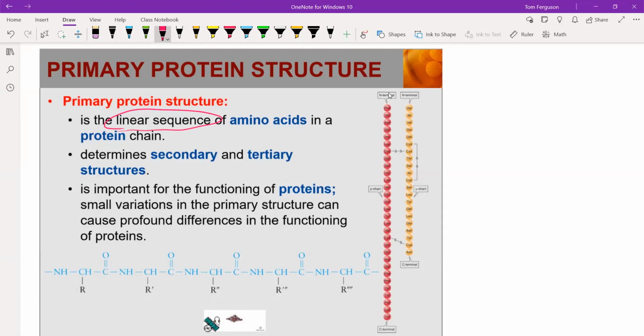You just have a series of amino acids with different side chains, and the order of amino acids determines shape. So that primary protein structure is really important because it determines the final shape.